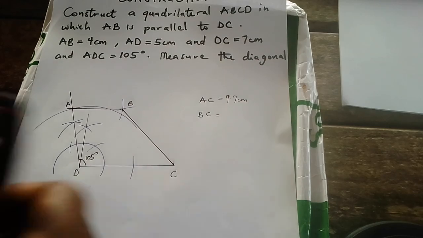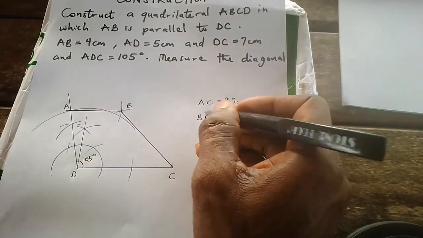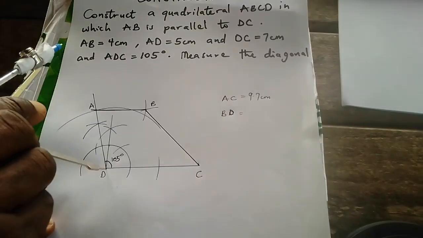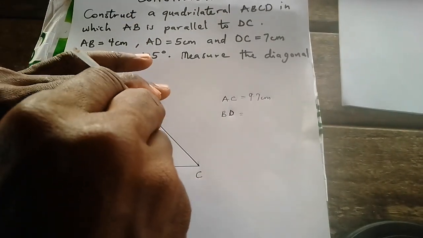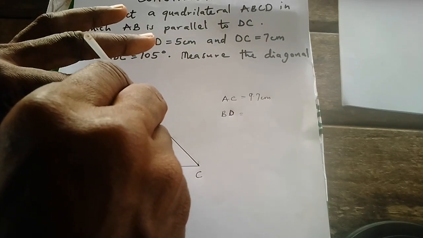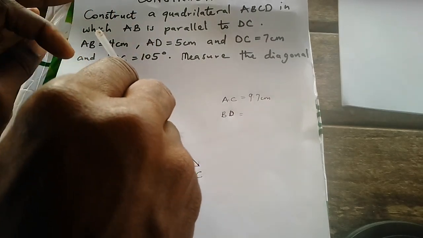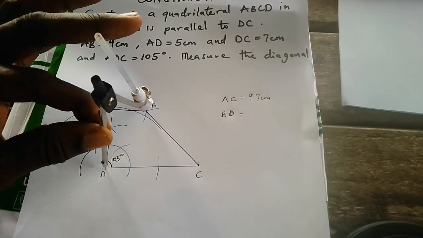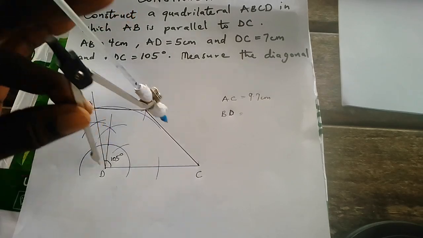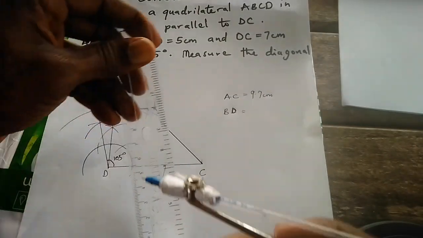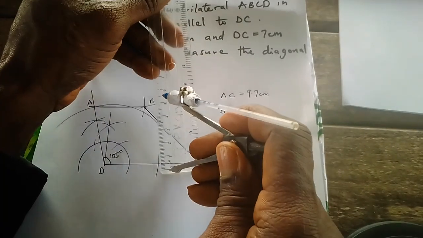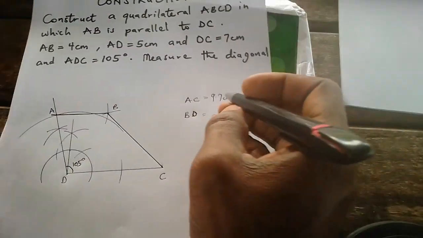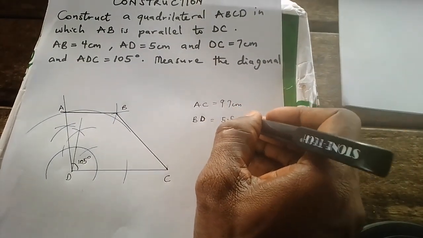Then for my BD, the pin at D, then adjust the compass till it gets to B. You can see, or you can place your ruler directly on it, you will still get it. You place the pin at 0. So here I'm having 5.5 centimeter. So BD is 5.5 centimeter.